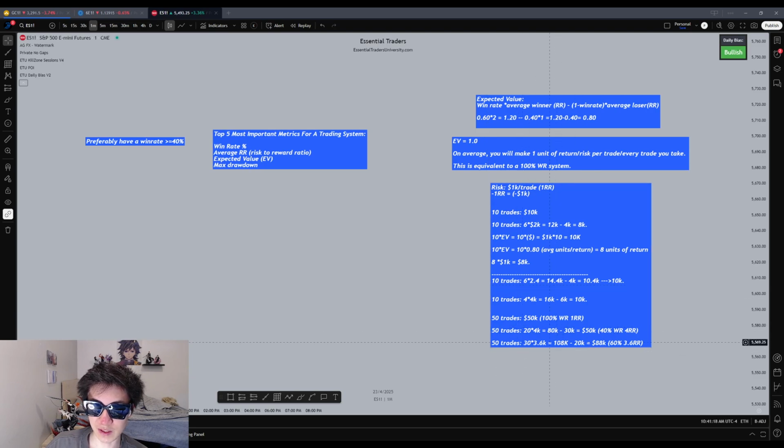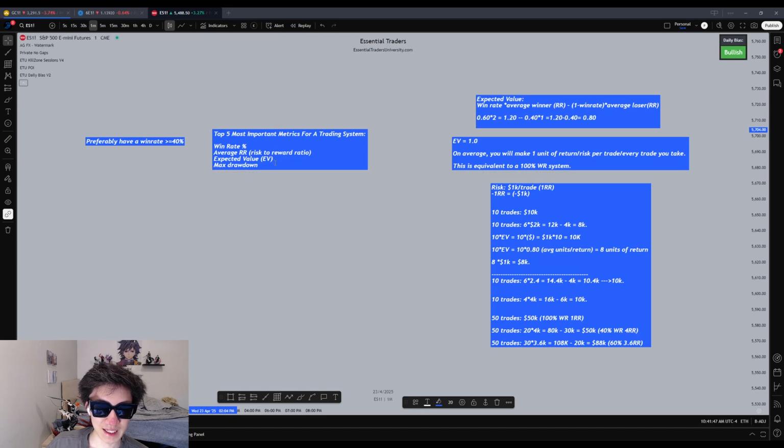Just to make sure everything I did was correct, it's 50 times 1.76, which is the average return I'm making per unit of risk as a factor, and then you multiply it by the actual monetary amount per unit, which is 1K. So yeah, my calculations here are correct. It's 88K.